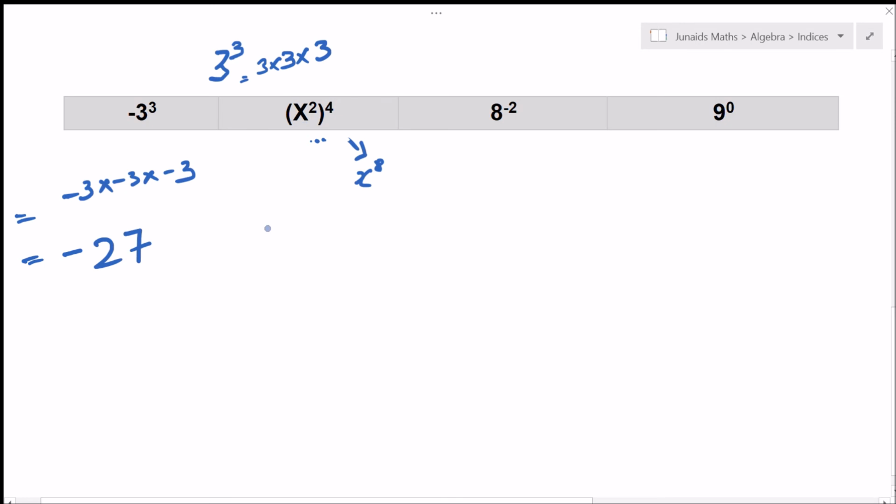You know that it's x squared and it's 4 times. X squared times x squared times x squared times x squared. And if you see, that gives us 2 add 2, 4, 4 add 2, 6, 6 add 2, 8.